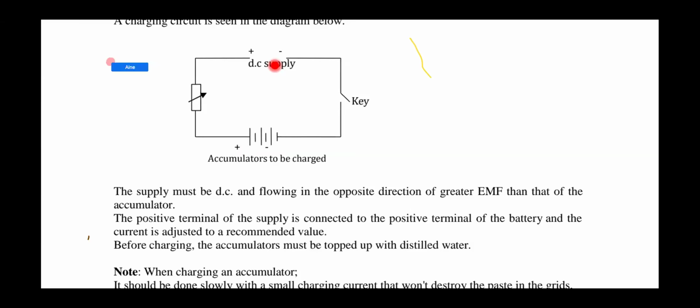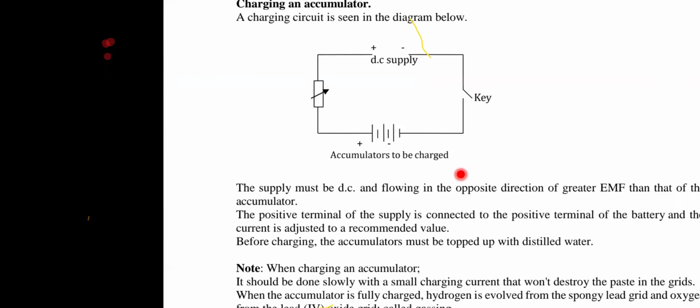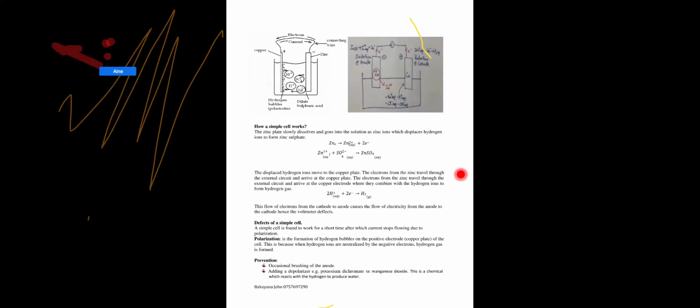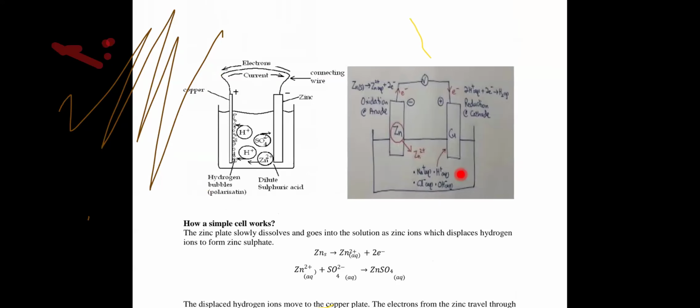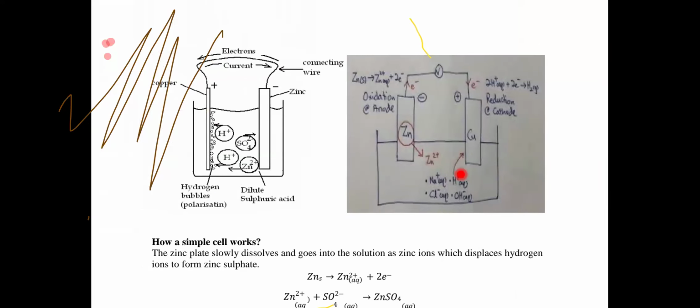When we looked at yesterday, the other time when we were dealing with a simple cell, we showed you how electrons were flowing in this diagram here. We showed the flow of electrons and the flow of current.